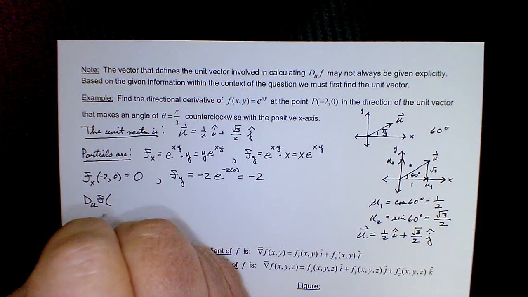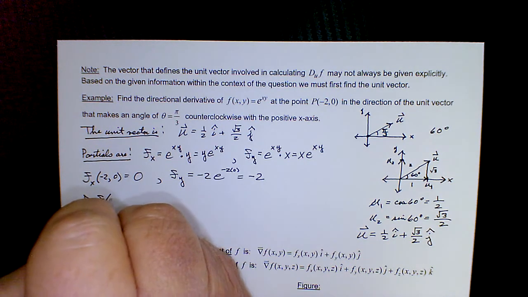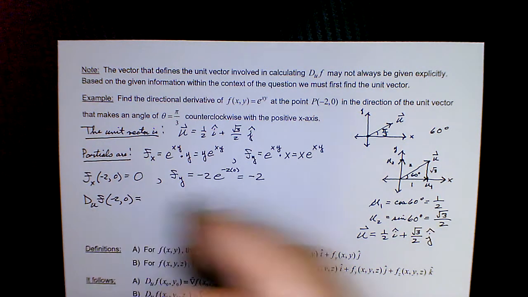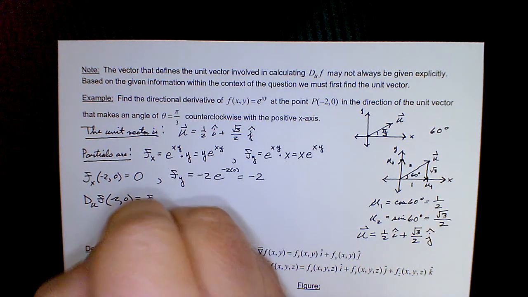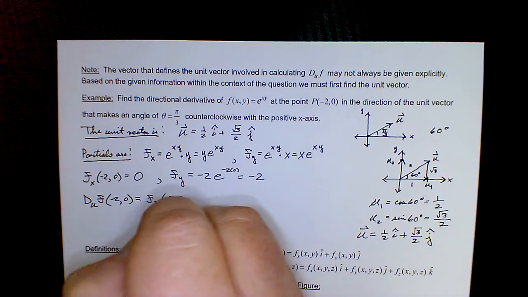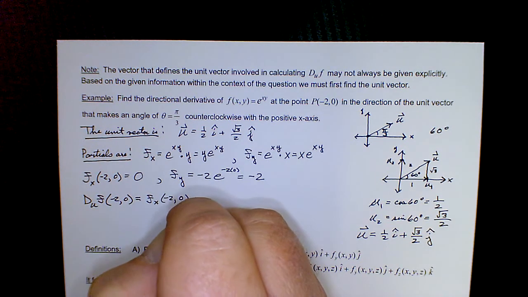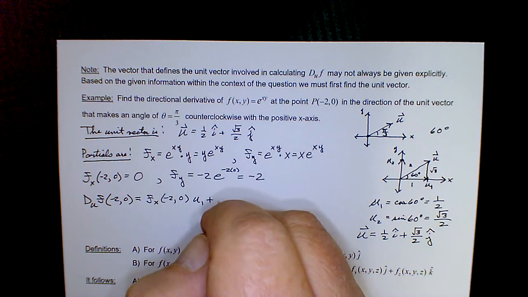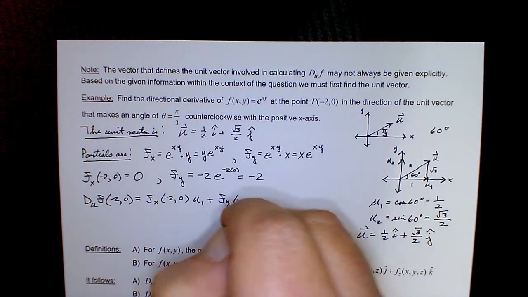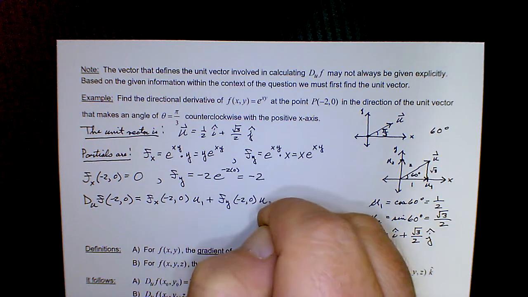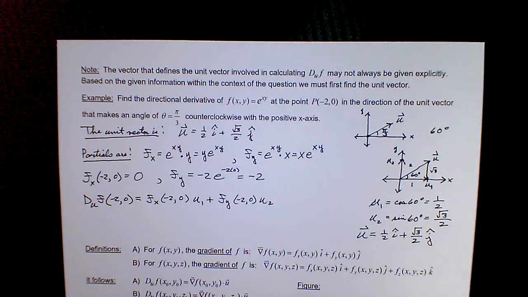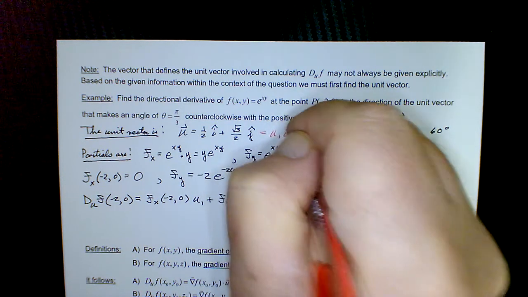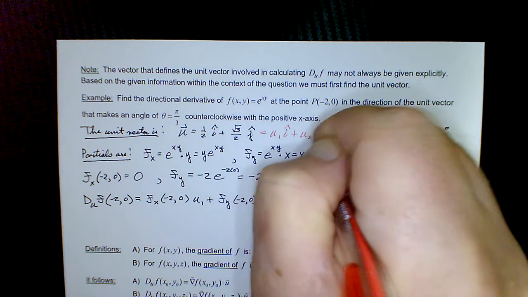The directional derivative of f at the point (-2, 0) in the direction of u is going to be f sub x evaluated at (-2, 0) times u1 plus f sub y at (-2, 0) times u2. And this u represents u1 i plus u2 j.